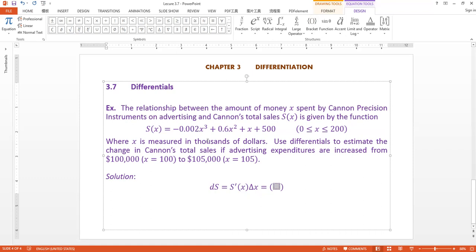But the derivative of x cubed is just 3x squared if you use the power rule, right?